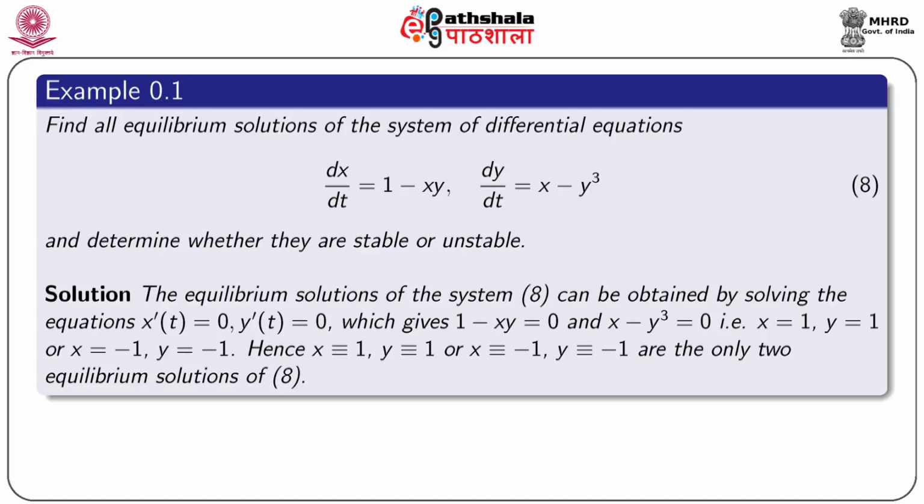Next, we can substitute x equal to y cube in this equation, and if you solve, you will get x equal to 1, y equal to 1 and x equal to minus 1, y equal to minus 1. And therefore, the two equilibrium solutions of 8 are (1, 1) and (minus 1, minus 1).